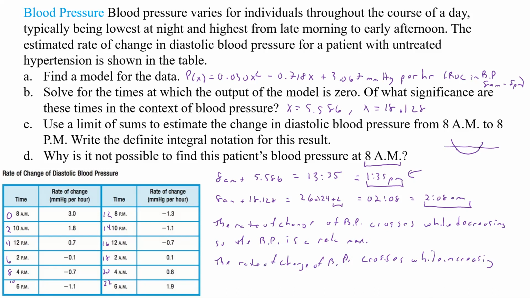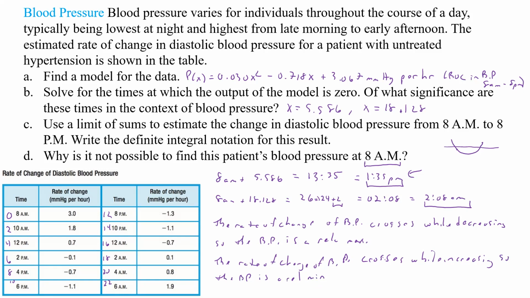If we look at this, we're going up slope. So the blood pressure is a relative minimum. Okay. All right. So again, that goes back to when it's changing directions, we're going to have that.